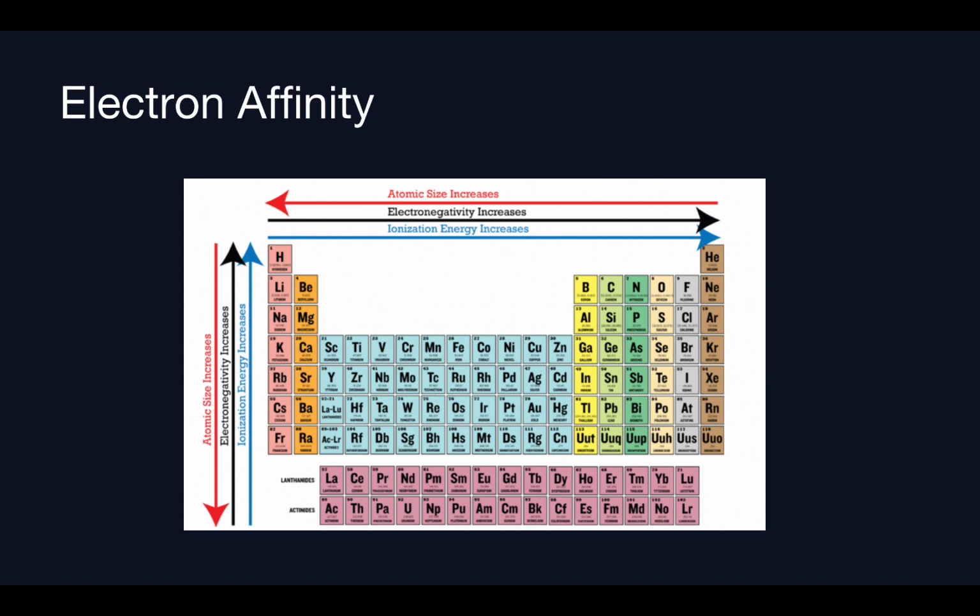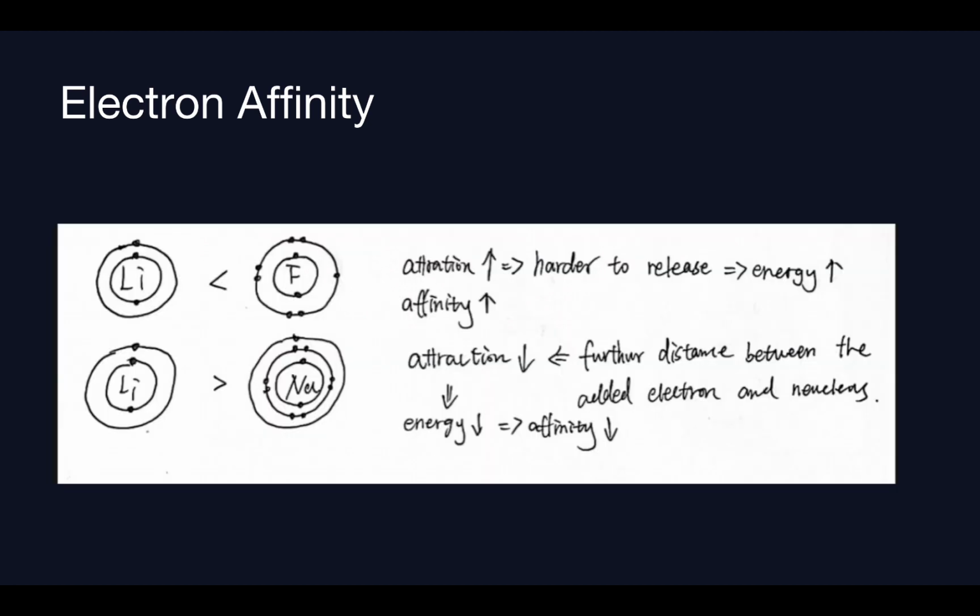The trend is generally increasing in a period from left to right and decreasing in a group from top to bottom. So the greater the attraction between, let's take a look at the example first.